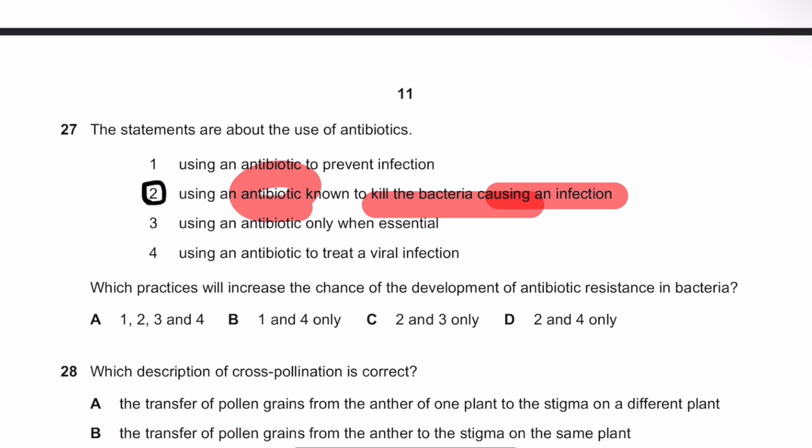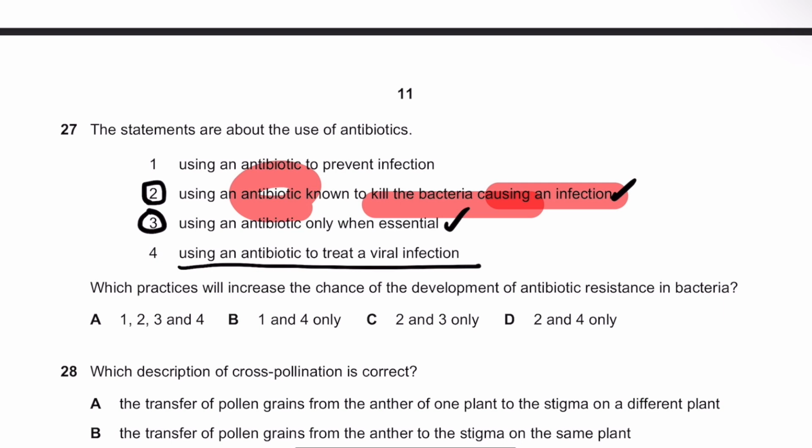resistance. So number 3, using an antibiotic only when essential. Yes, this is absolutely crucial. It's absolutely the right way to go. Yes, we should always use antibiotics when it's totally essential. Number 4, using an antibiotic to kill a viral infection.